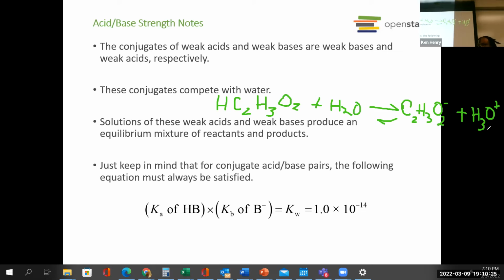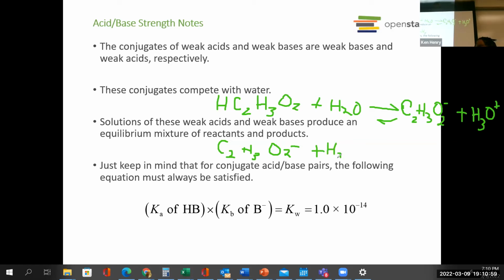Questions? No questions? So if we look at this equation here, this is for the acid right here. So if we did it for the base, C2H3O2 minus plus H2O.